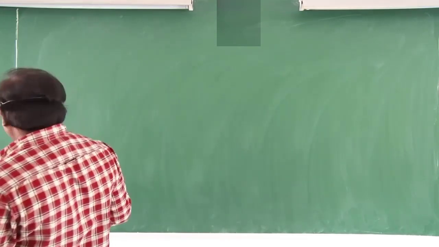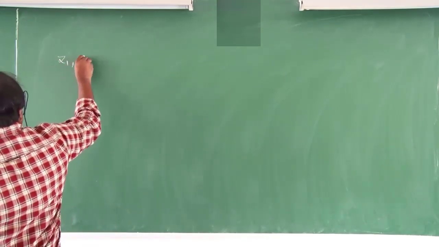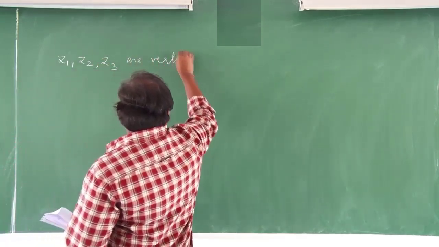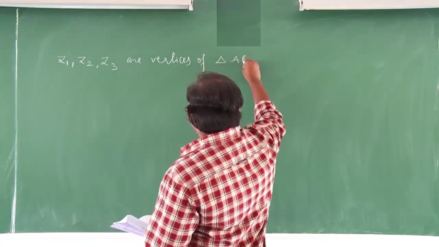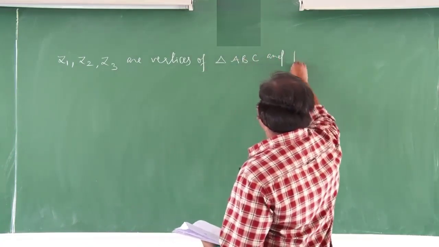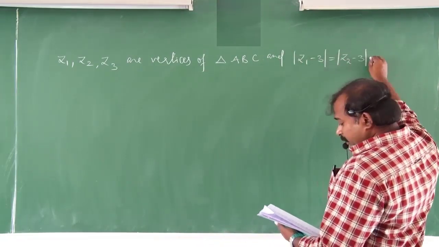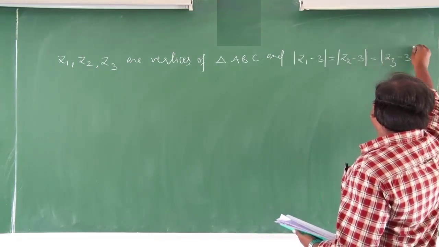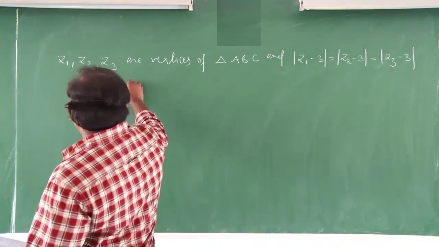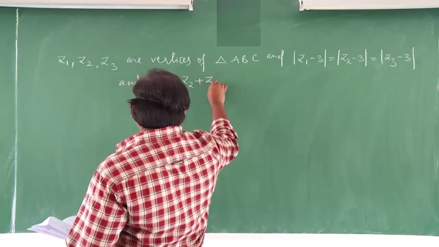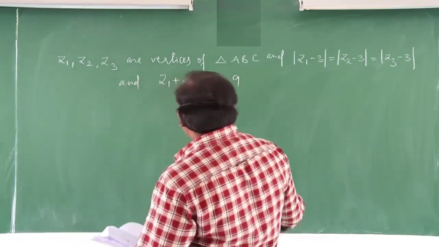Here the next example they have given is: Z1 comma Z2 comma Z3 are vertices of triangle ABC, and modulus of Z1 minus 3 is equal to modulus of Z2 minus 3 is equal to modulus of Z3 minus 3, and Z1 plus Z2 plus Z3 is equal to 9.